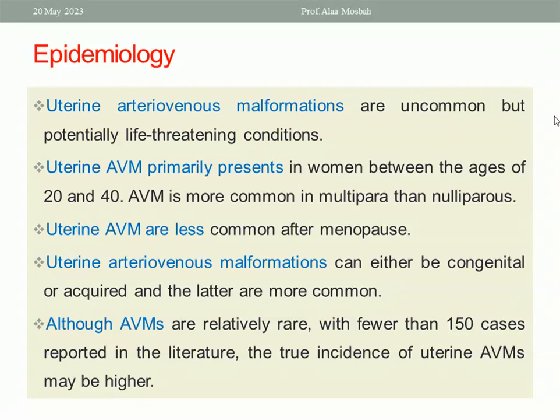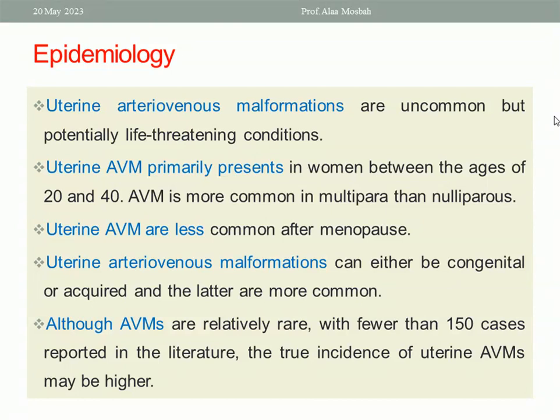As I said before, pregnancy has an important role to play in such malformation. And you should know also that uterine arteriovenous malformations are less common after menopause.